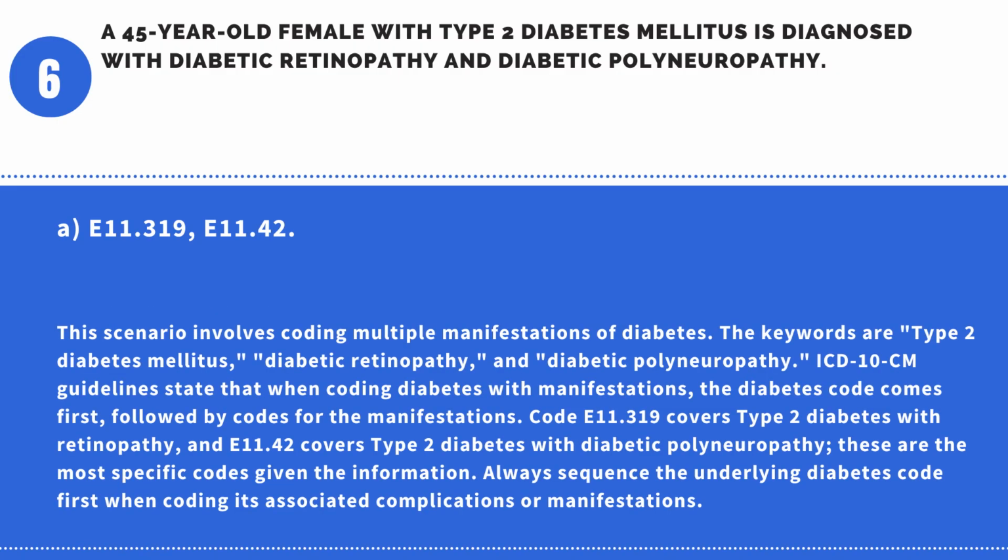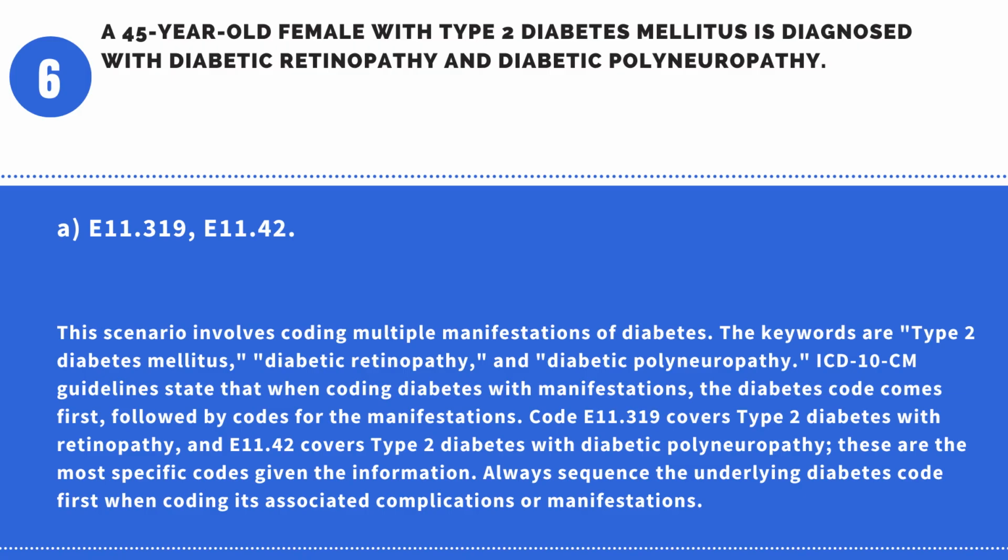Answer: A. E11.319, E11.42. This scenario involves coding multiple manifestations of diabetes. The keywords are type 2 diabetes mellitus, diabetic retinopathy, and diabetic polyneuropathy. ICD-10-CM guidelines state that when coding diabetes with manifestations, the diabetes code comes first, followed by codes for the manifestations.